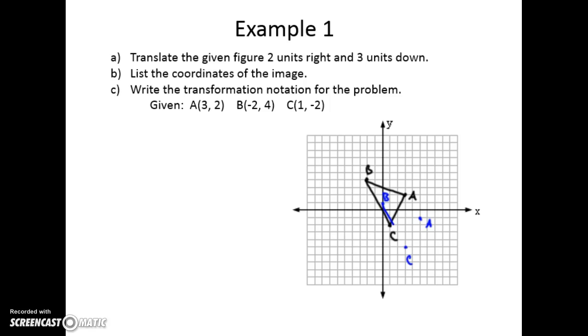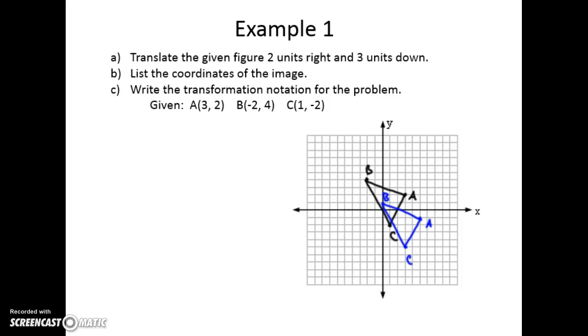Notice with the translation that the shape does not change. It's still the same triangle. It's just slid over or translated over. In this case, to the right 2 and down 3.